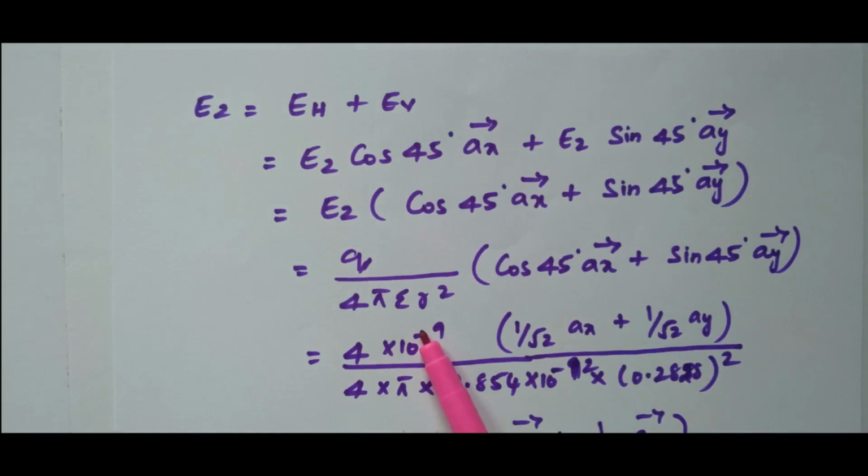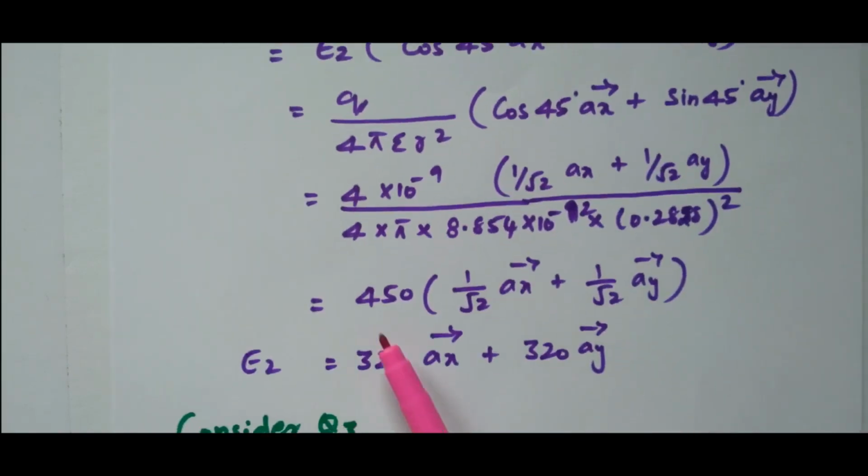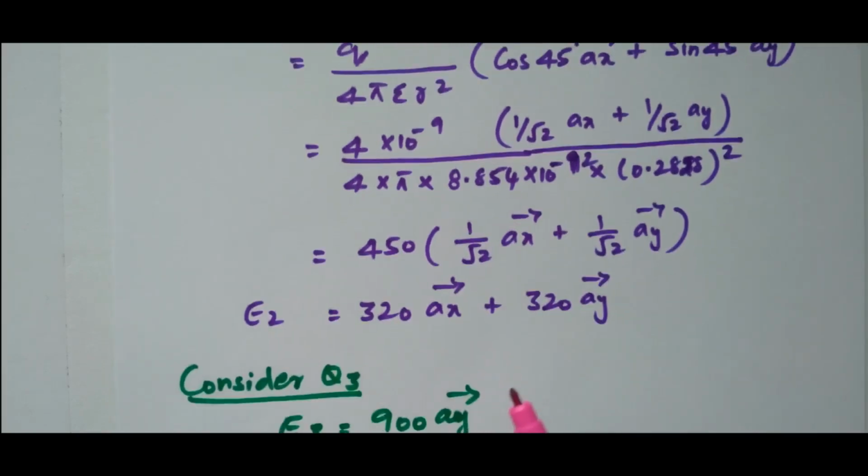Q is 4 into 10 to the power minus 9. Cos 45 is 1 by root 2 into AX, sin 45 also 1 by root 2 into AY. Then 4 into pi into epsilon naught, 8.854 into 10 to the power minus 12, into R square, where R we calculated as 0.2828. By simplifying this, we got 450, and by multiplying inside, 320 AX plus 320 AY. So while considering the second charge, we have horizontal and vertical components, given as 320 AX plus 320 AY.